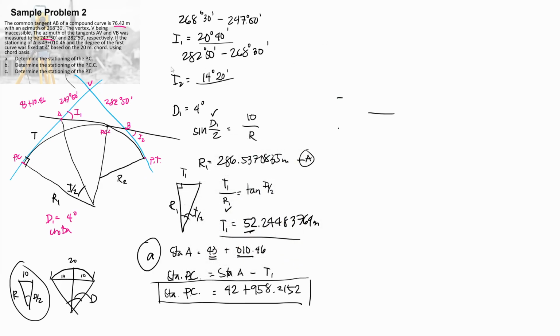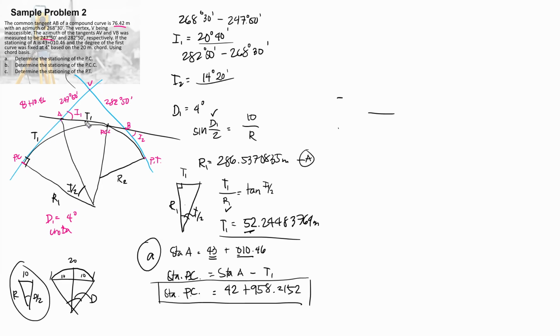So, sa question B naman, PCC, madali lang din to. Di ba parang tempting kung ang gagawin natin, T1, A plus T1, para nandun na agad tayo. Again, hindi siya pwede. Ang rule lagi natin kay mga ganyan is, magsisimula tayo kung saan talaga nagtatravel yung road.